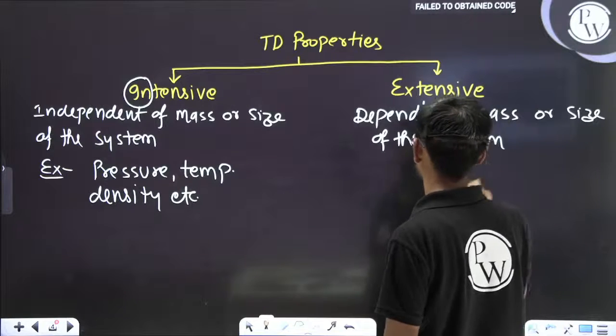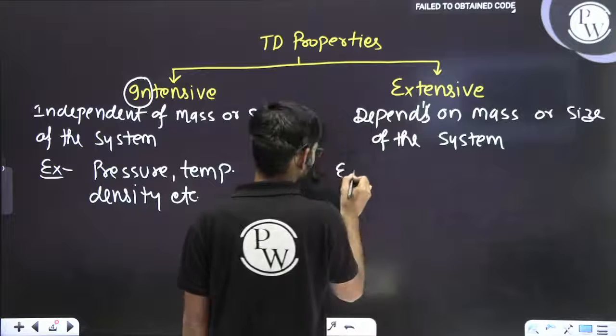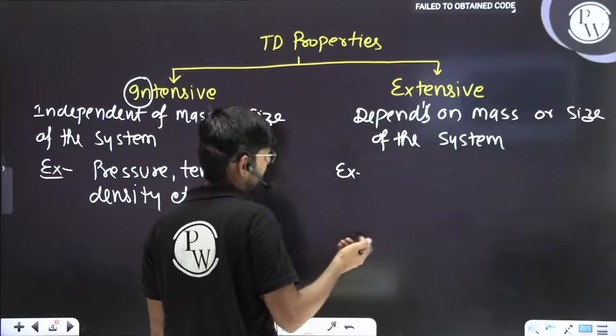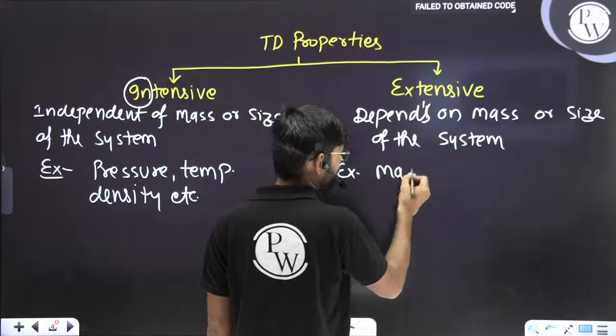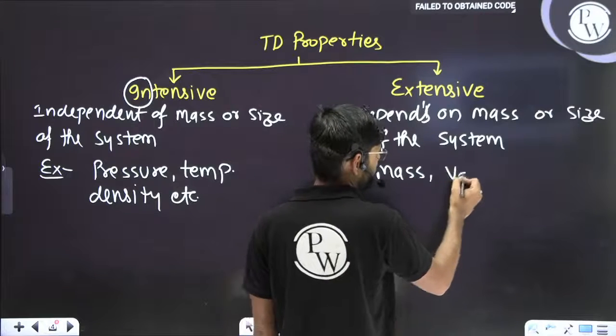Mass or size of the system. The example is very simple: mass itself is a property.